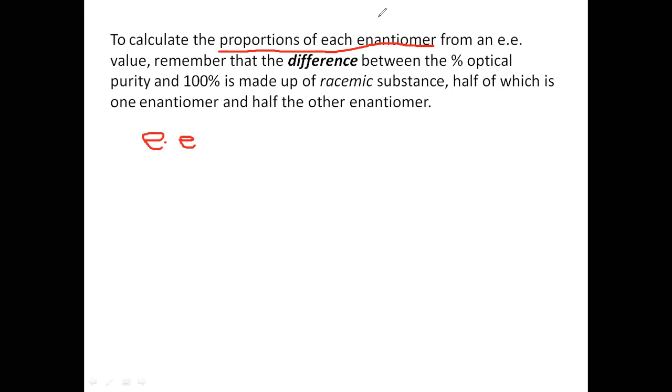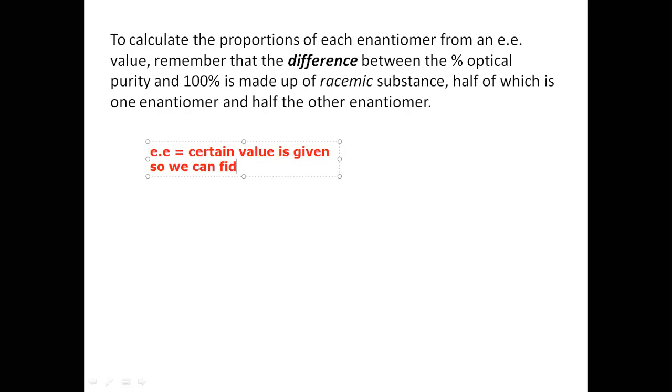Suppose initially the enantiomeric excess value is given, certain value is given. Okay, right, and based on that we can find out the proportion of each enantiomer.